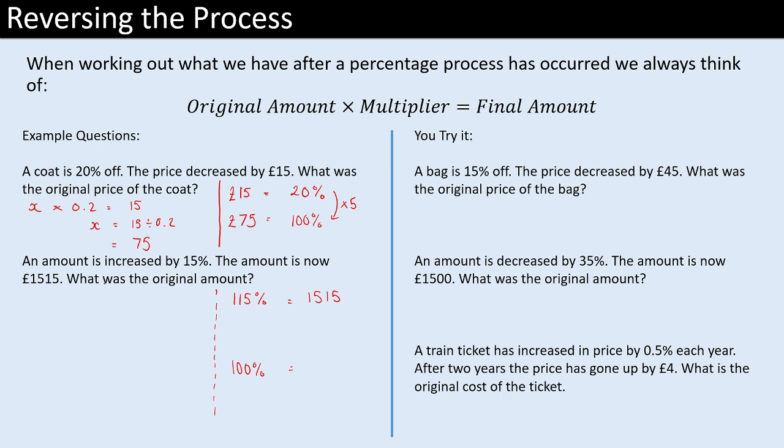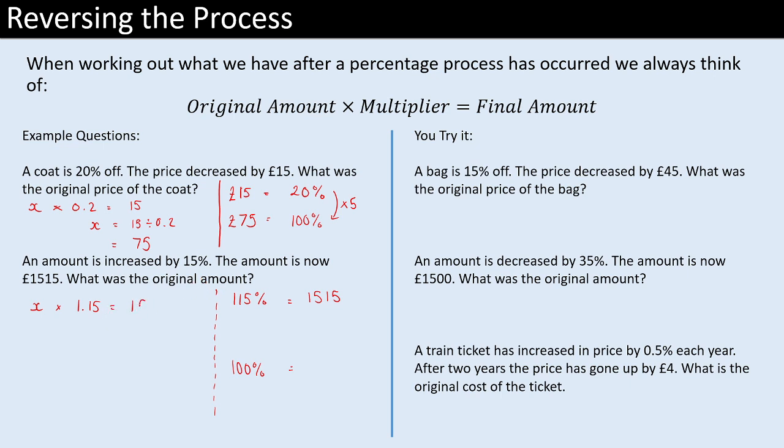So then I could just say, if we've increased by 15%, that's going to be a 1.15 multiplier. If you're not sure where that 1.15 comes from, we've done 100 plus 15 to get us 115, then divided by 100 to get 1.15.